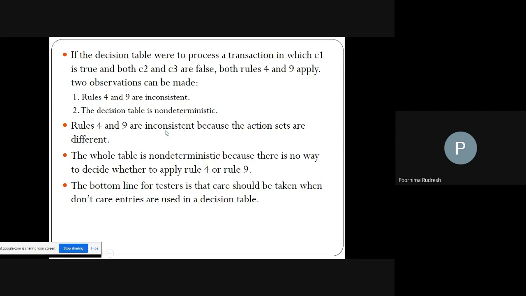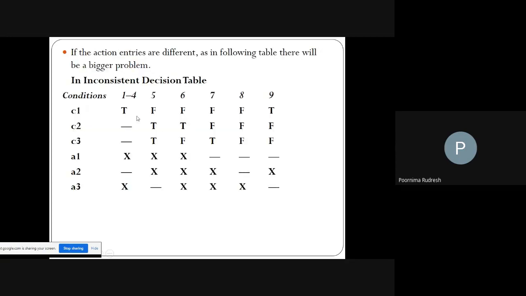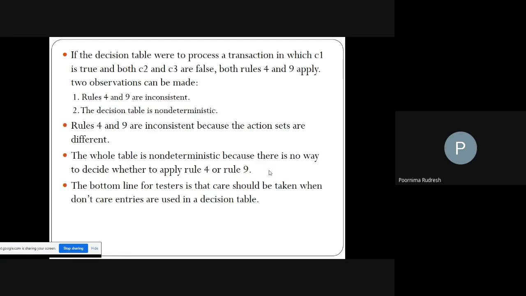See here, rules 4 and 9 are inconsistent. Why? Because the actions are different. For rules 1 to 4, actions A1 and A3 are there, but for rule 9, only A2 exists. Such rules are said to be inconsistent. Next, the whole table is non-deterministic because there is no way to decide whether to apply rule 4 or rule 9.